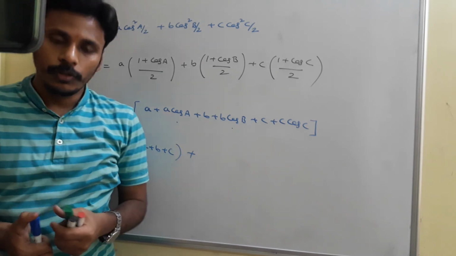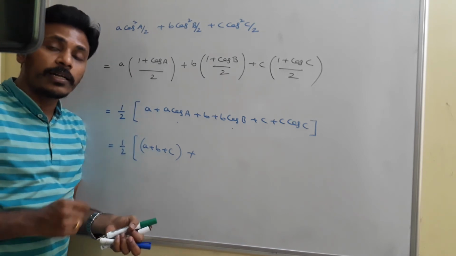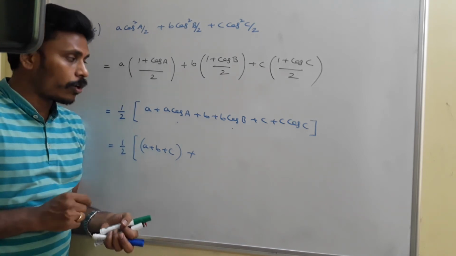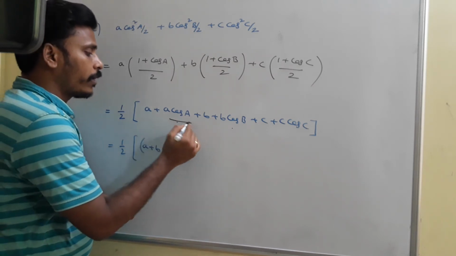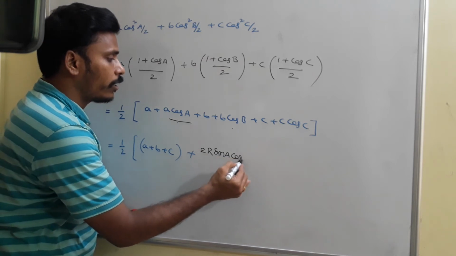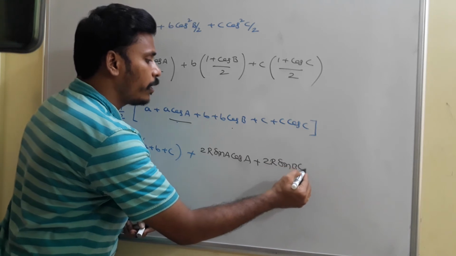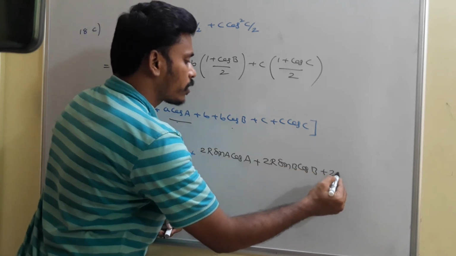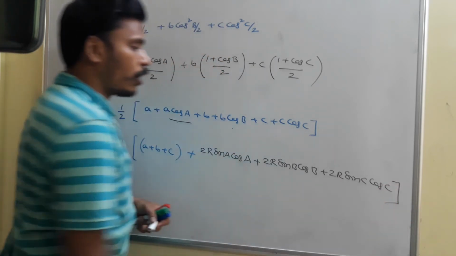That's what you need to think. A cos A. So use this A by the sine rule, that is 2R sin A. So what I am saying is, this A cos A is simply 2R sin A cos A, plus B cos B, 2R sin B cos B, plus C cos C, 2R sin C cos C.